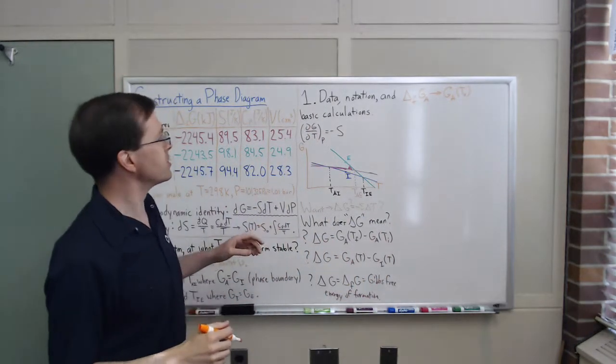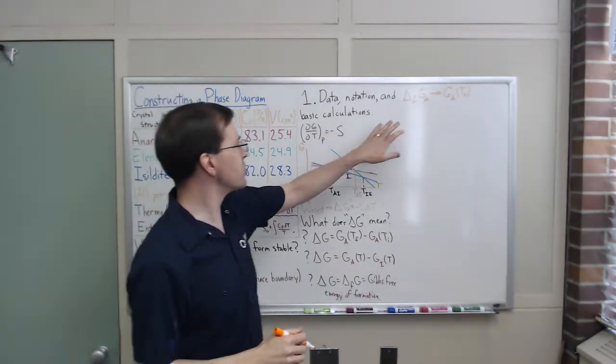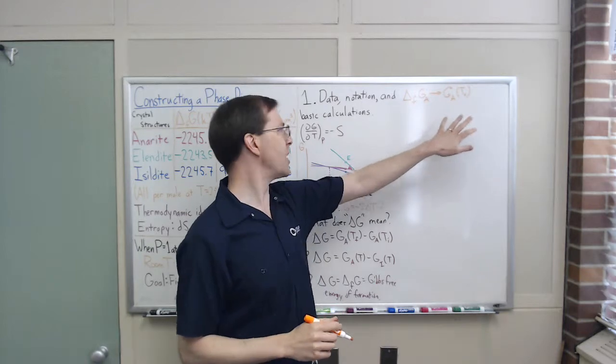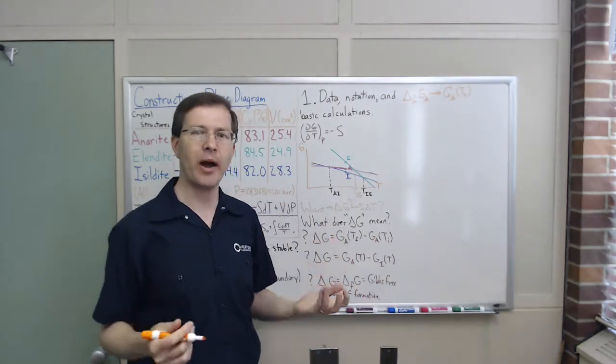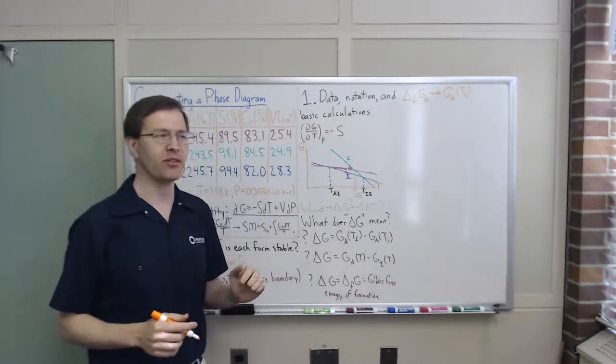Oh, I hope that's visible. There's a little reflection from the window there. Hopefully it's not too bad. So I'm going to just write it as G anorite of temperature T naught. I think that's the way I'll usually write that out, so I'll try to be consistent about that.